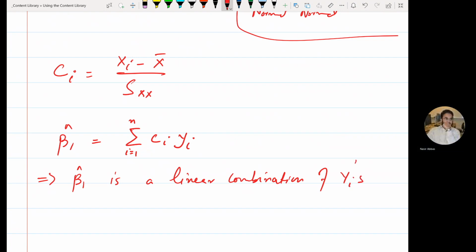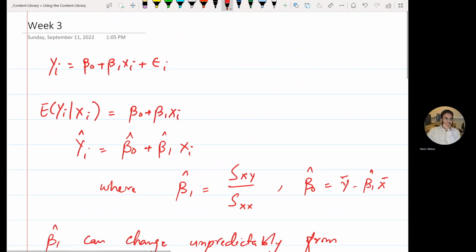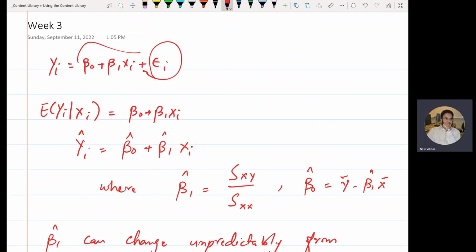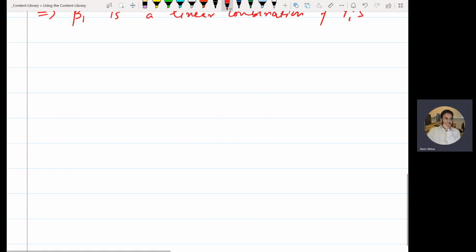And because yi's are normal. Why are yi's normal? Because epsilon i's are normal; we are assuming epsilon i's to be normal. The Ci is constant, so yi being normal means beta 1 hat will be normal.